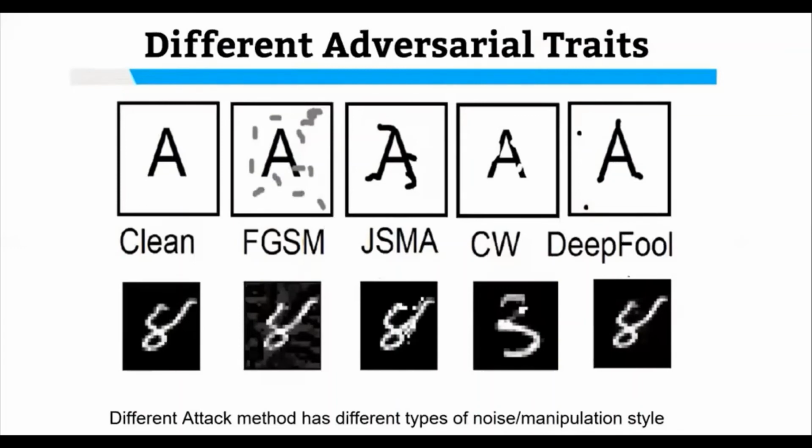In JSMA, there is added perturbation around the actual object. In CW, there is some missing or added bit which is very hard to distinguish. And DeepFool is more advanced: only one or two pixels are changed to change the output. This gives us an overview that different attacks work in different ways.